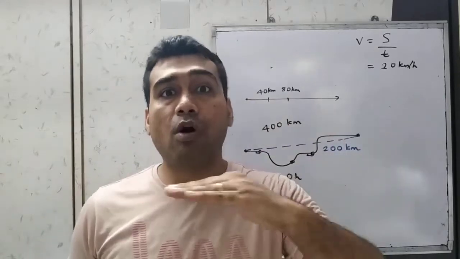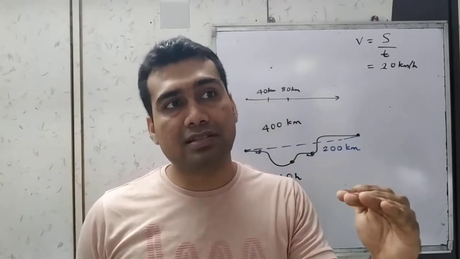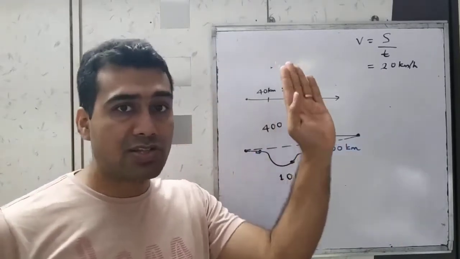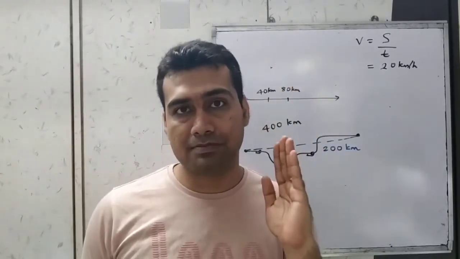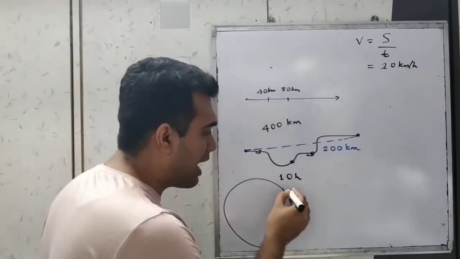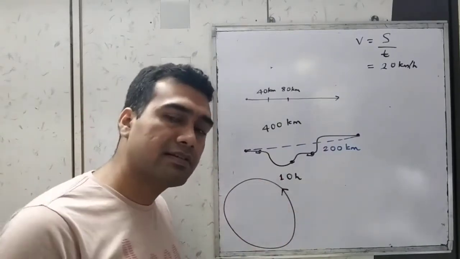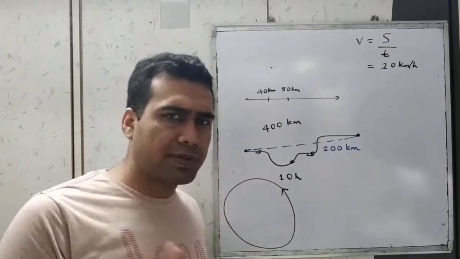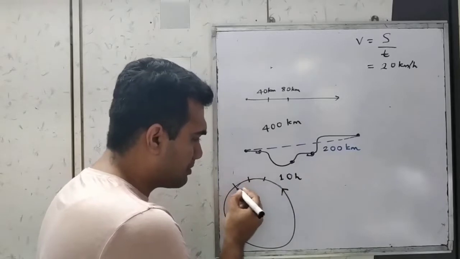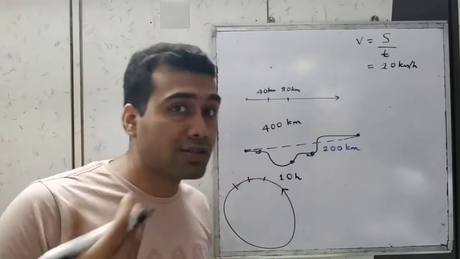So what is uniform velocity? Uniform velocity means the speed is constant and even the direction should be constant. If the direction changes, then the velocity is not considered uniform. For example, if you have a circular motion like that of the blades of a fan, it is moving with a constant speed. It is covering equal distance in equal intervals of time. But is the velocity constant?